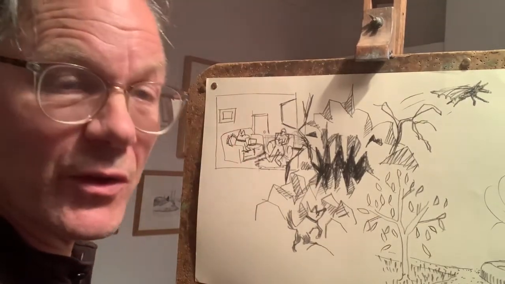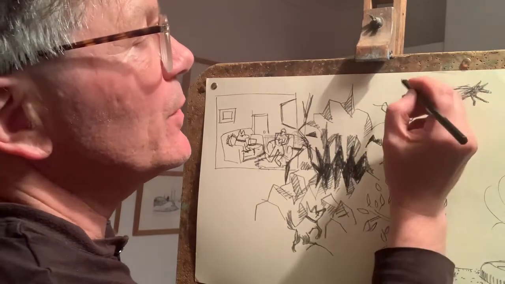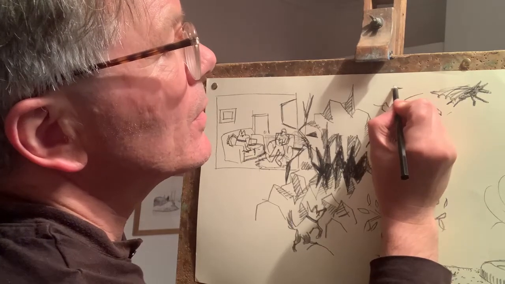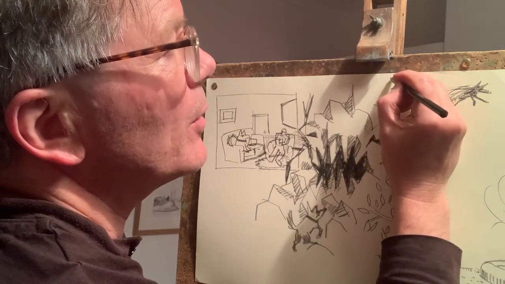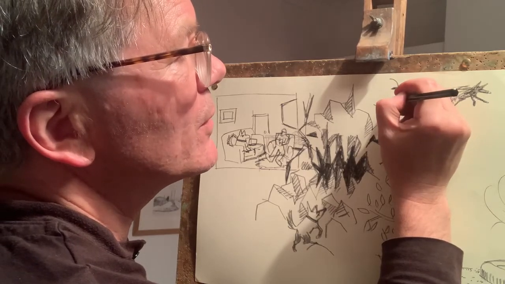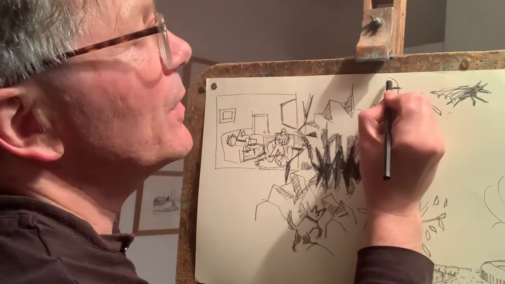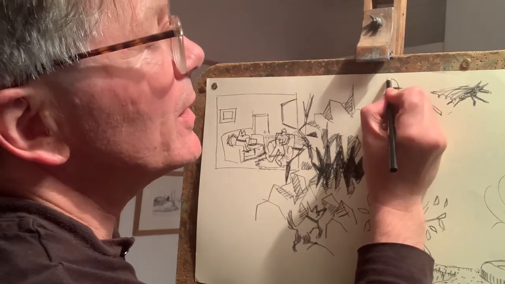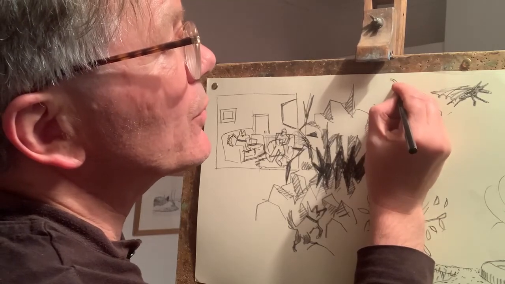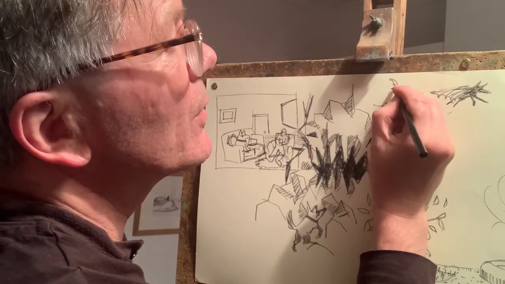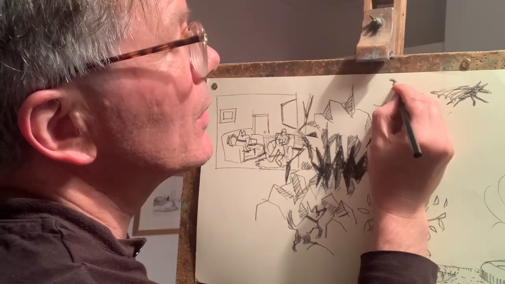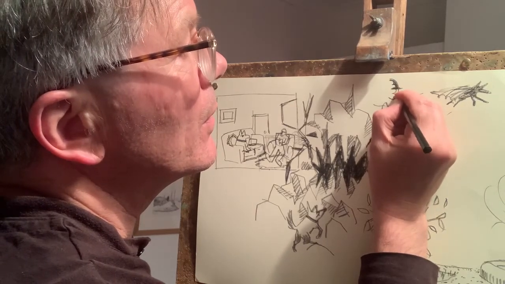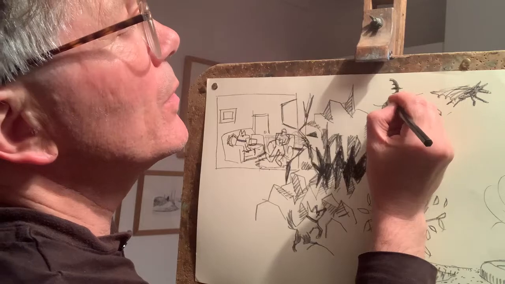Now, the way to draw a bat is just a little body, and then a big curve for the wings. And this is the thing that makes it really look like a bat and not a bird: it has these sort of loops on the inside of the wings. There.